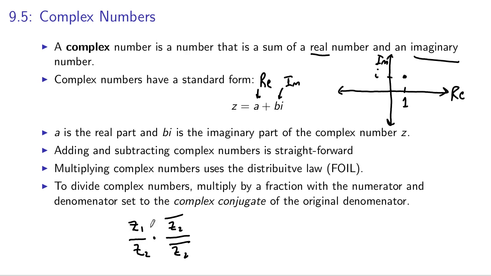So the result of this is you actually get a complex number that has no division, and you'll see how that works. This is very similar to rationalizing the denominator, because that's really what we're doing.